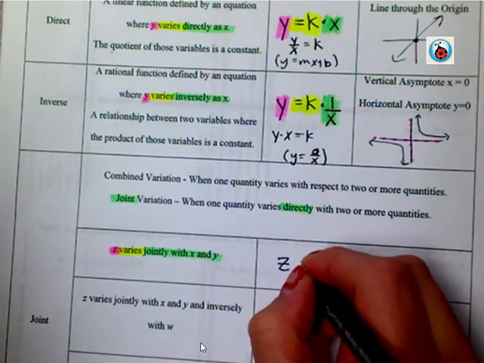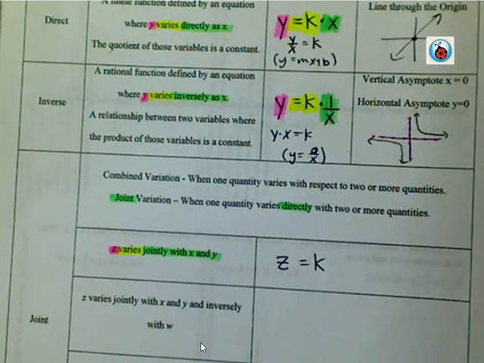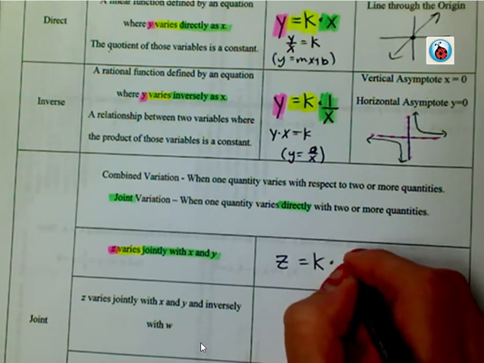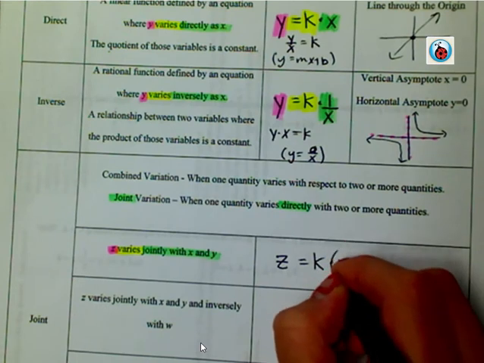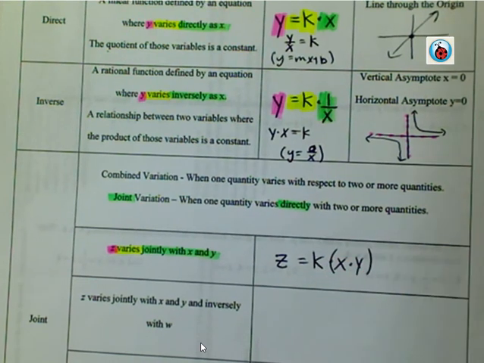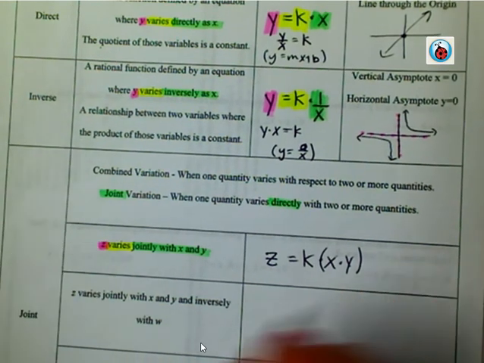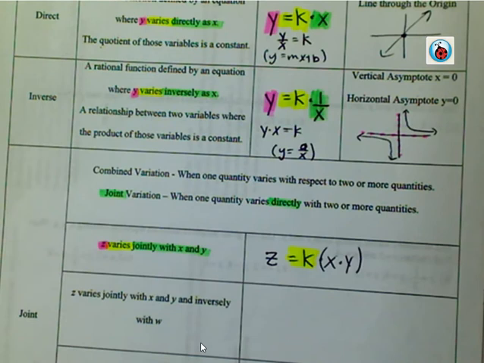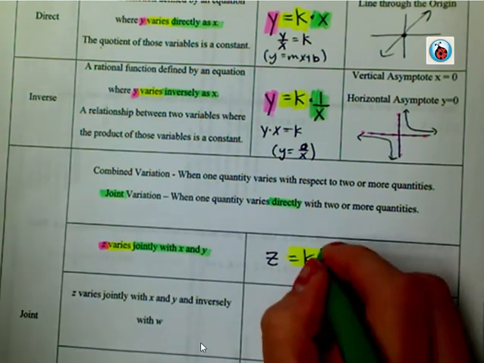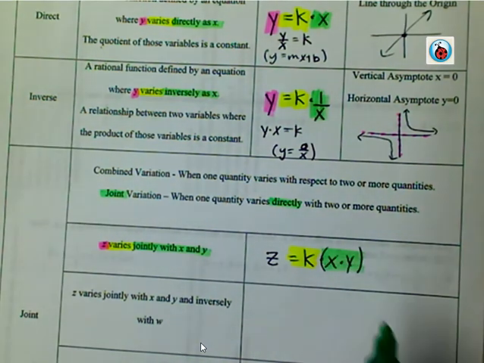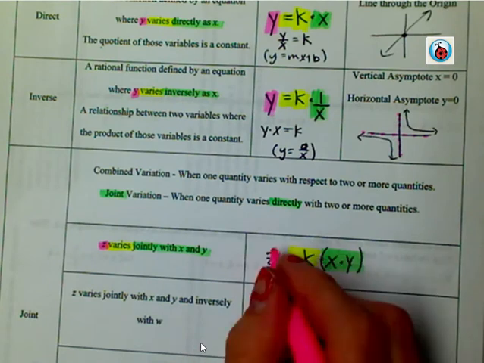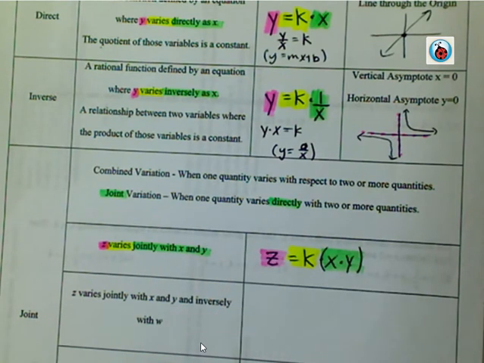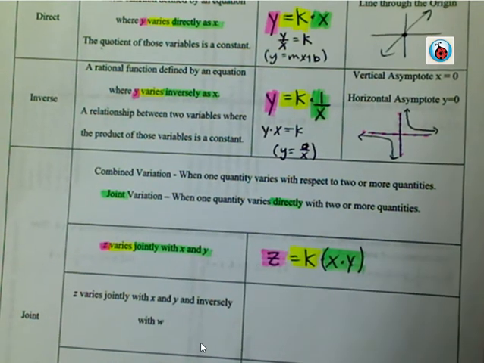Z equals k times x times y. Let's highlight to make sure we know where these pieces are coming from. Varies jointly, which is the same as direct, so it turns into multiplication, and z is the part that starts the equation.